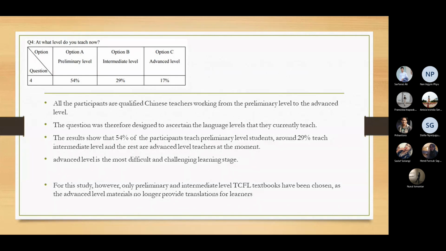That's why the percentage may be low, or there might be another problem: they do not belong to the target language, or the language they teach might not be their native language. So for this study, only preliminary and intermediate level TCFL textbooks have been chosen, as advanced level material no longer provides translation for the learners.